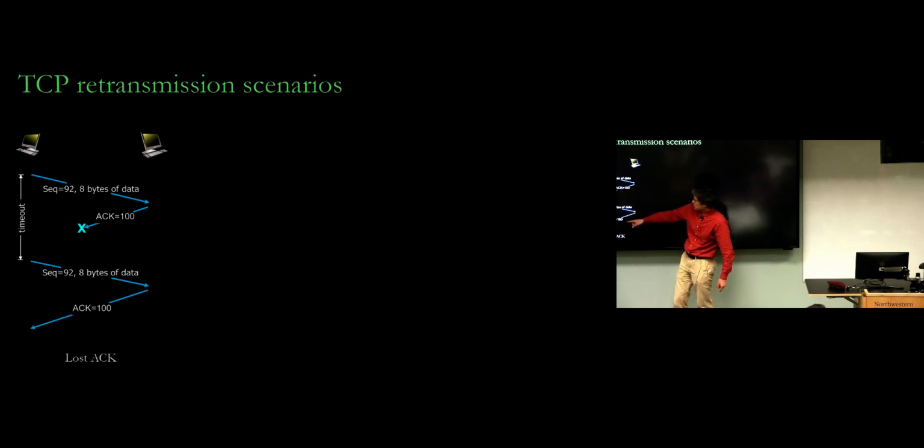When it retransmits, it uses the sequence number of the lowest unacknowledged data, and eventually it's acknowledged. And again, the acknowledgement number that's sent back is equal to the sequence number it received plus the amount of data that was in that packet. So it's 8 plus 92 is 100.